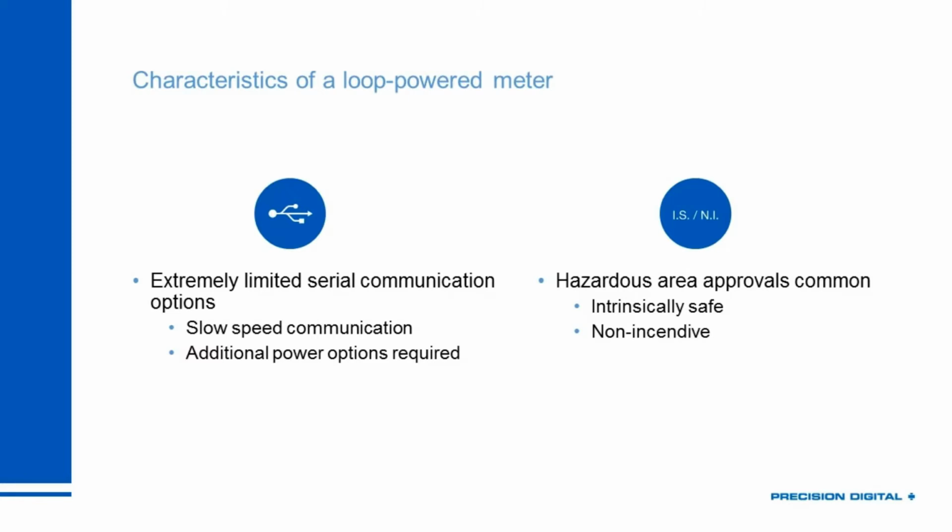IS and NI are hazardous area approvals that are entirely based around the idea of the device itself never having enough instantaneous power in it to ignite the atmosphere, as opposed to, let's say, an explosion-proof device where you've encased something inside of a big metal shell to protect it, or to protect the area from an explosion. So if you need NI or IS approvals, a loop-powered device is a great place to start looking because there's oftentimes going to be versions of the product available with those approvals.